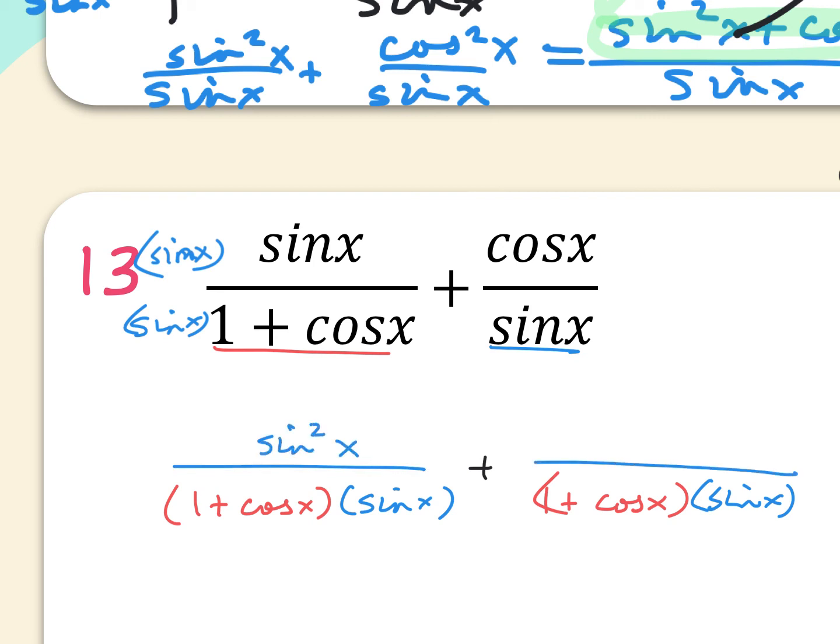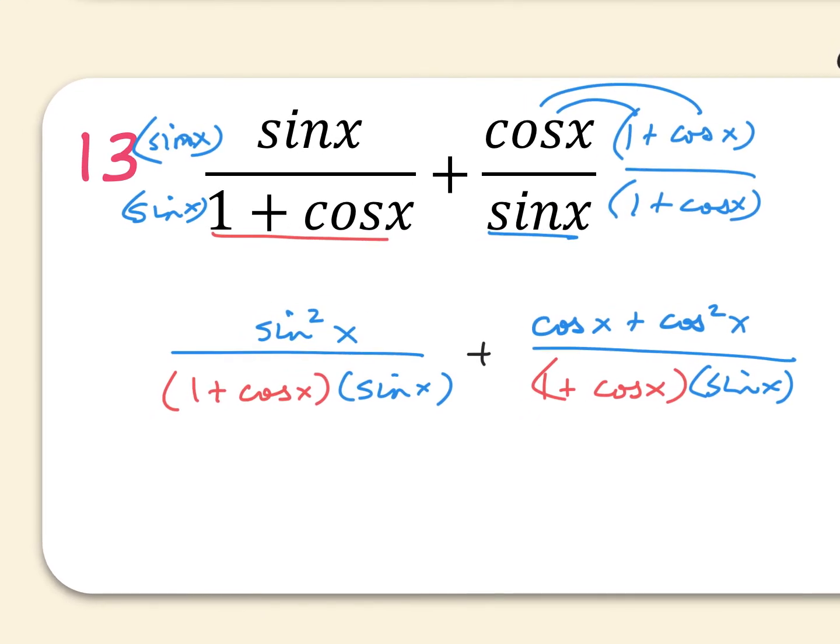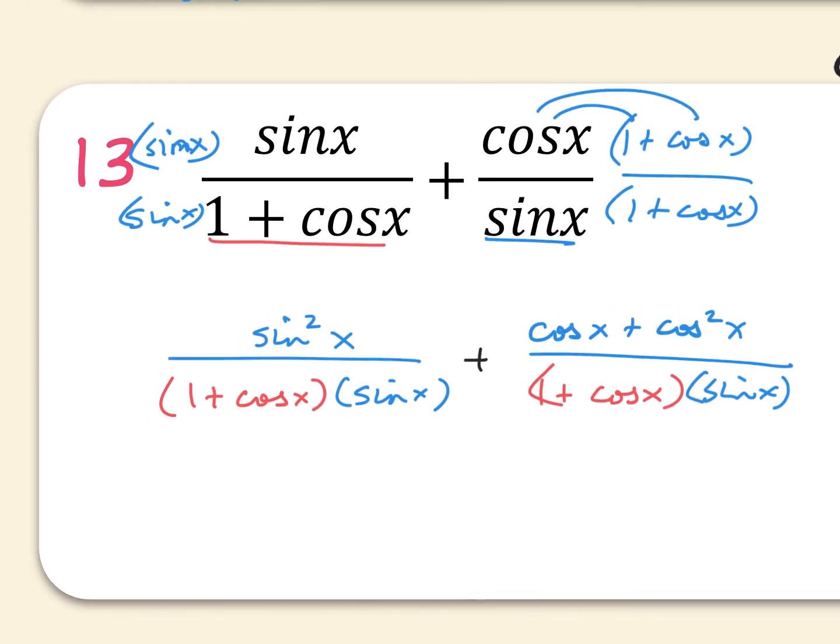Over here, this one's missing the 1 plus cosine x. And here what I'm going to do is distribute the cosine to both of these. So I get cosine x plus cosine squared x. And now, since I already have the common denominator, I can add my numerators. When I add the numerators, I'm going to flip-flop these and use the commutative property.